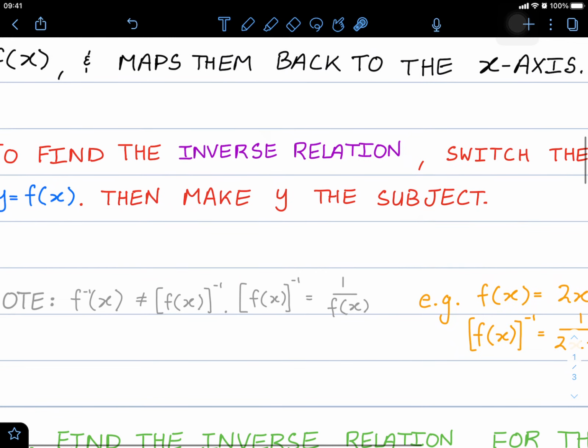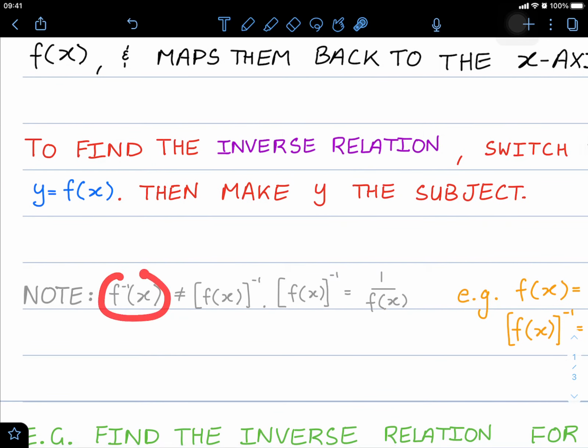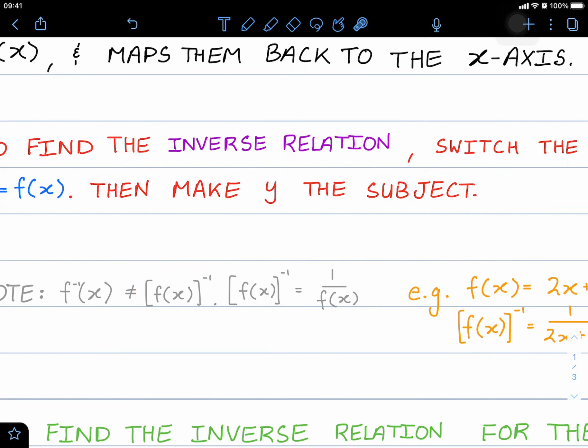Now to clarify, the inverse of f of x is not the same as this, because this one is the reciprocal of a function. So for example, if we place the index on the outside of this, it's actually 1 over f of x.